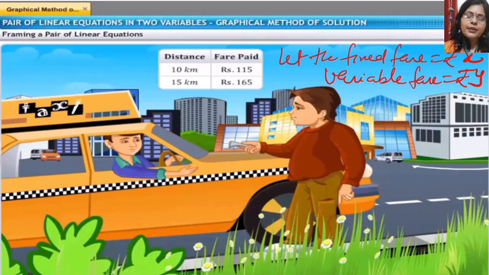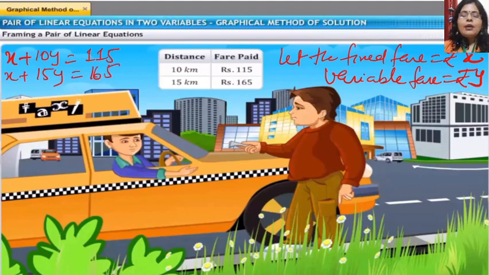The equation will simply be x, and the distance traveled is 10 kilometers, so it will be x plus 10y equal to 115. And for the other, the fixed fare will be the same, x plus 15y is equal to 165. And when you solve, you will get the values of x and y separately, and you can get the amount of fixed fare and the amount of variable fare.